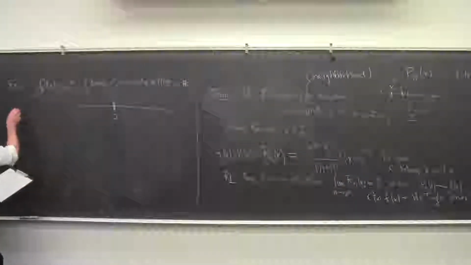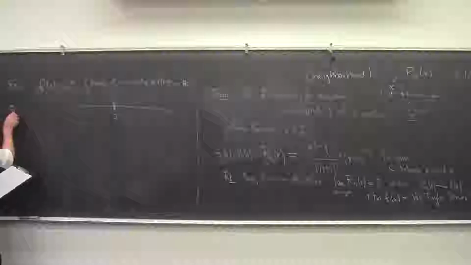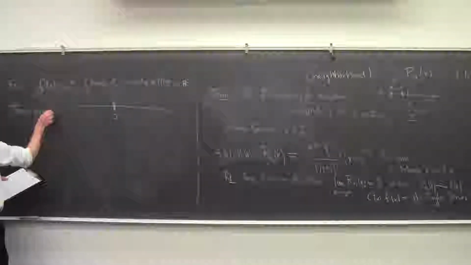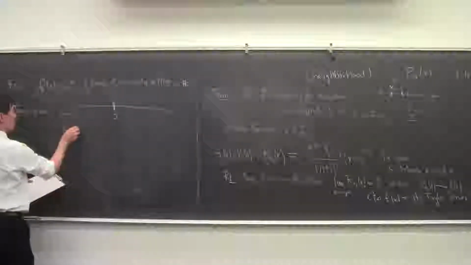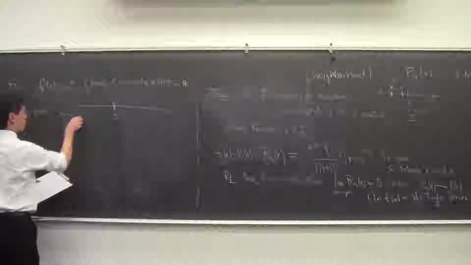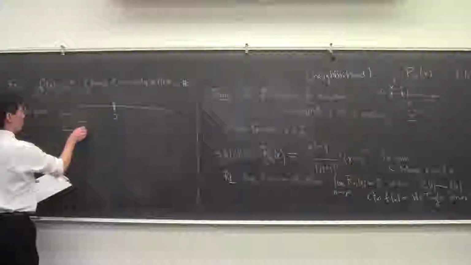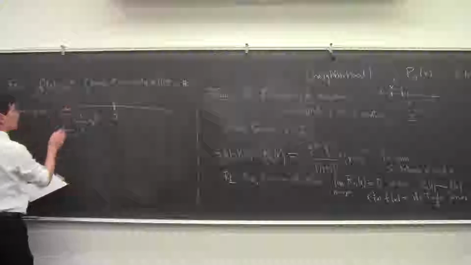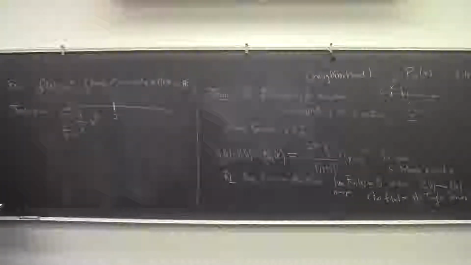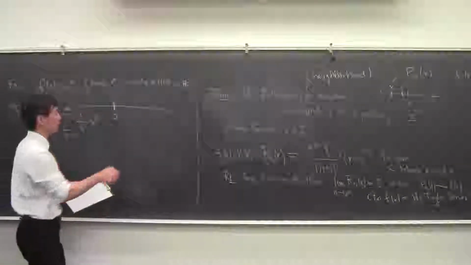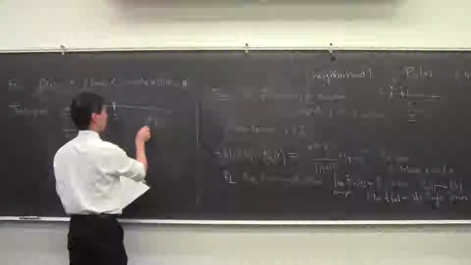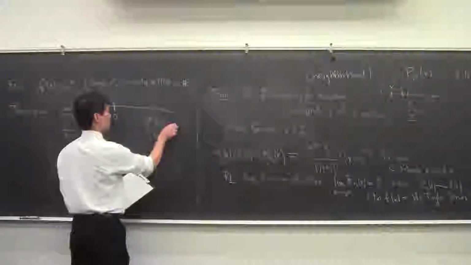So you know that the Taylor series for this is the summation from k equals 0 to infinity of 1 over k factorial x to the k, because you get the kth derivative evaluated at 0 over k factorial times x to the k.